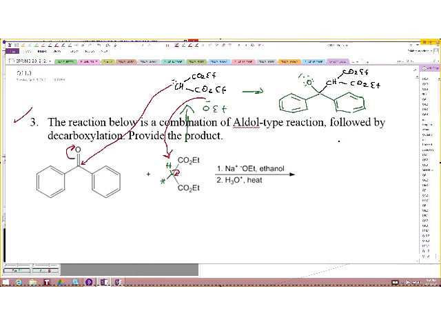What do you think happens after that? You expect to protonate this here, right? Okay, very good. Keep in mind at this point we also formed ethanol, because this grabbed this here, we form ethanol. So this will now pick up the proton from the solvent to regenerate that ethoxide. The ethoxide here is simply acting as a catalyst. Okay, so now we have this.